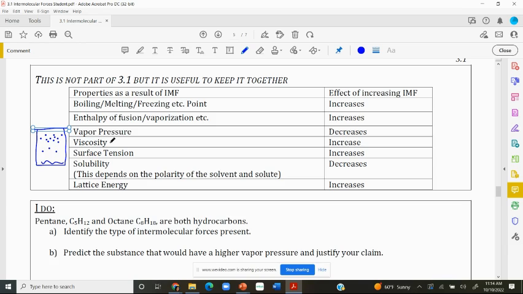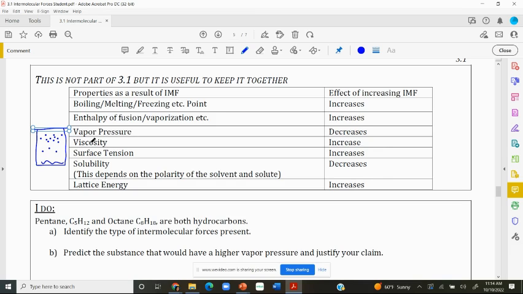Viscosity, that's thickness, like flow. It's resistance to flow. Like maple syrup, you can change its viscosity by either cooling it down and making it more viscous or heating it up and making it less viscous. As you have more IMFs, the more viscous that material becomes.